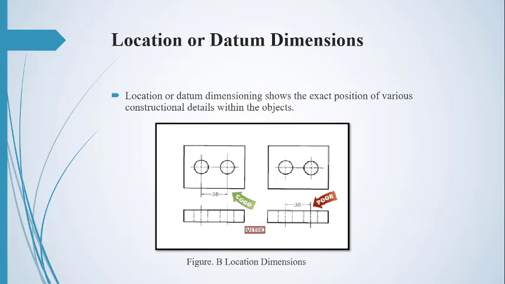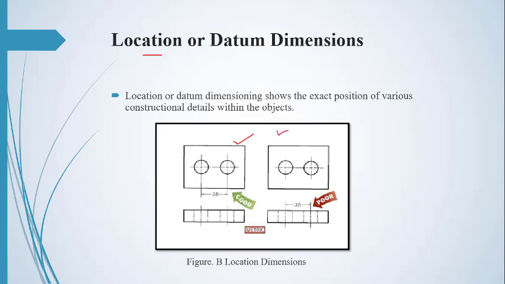Now we will see the other type, that is location or datum dimensions. So what does location or datum dimension mean? It's clear from the term location. Location or datum dimension shows the exact position of various constructional details within the objects. Like here we have an object, for example this one.